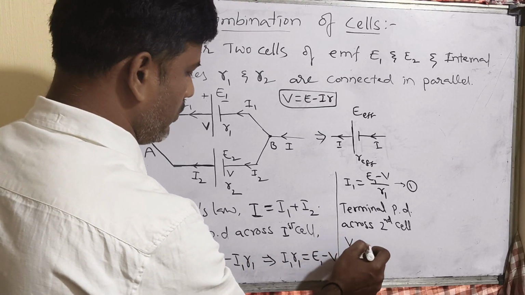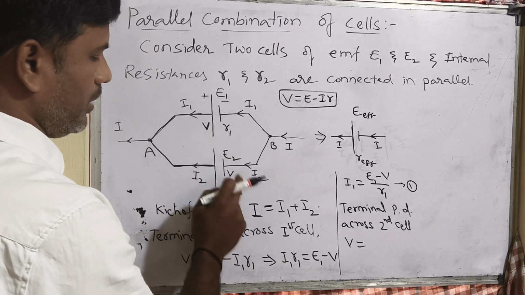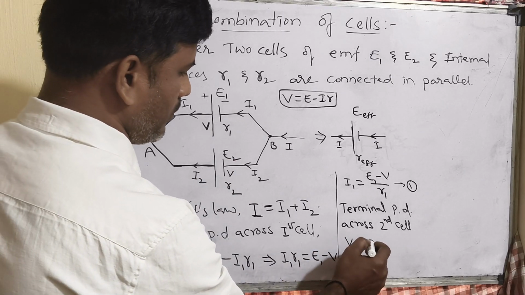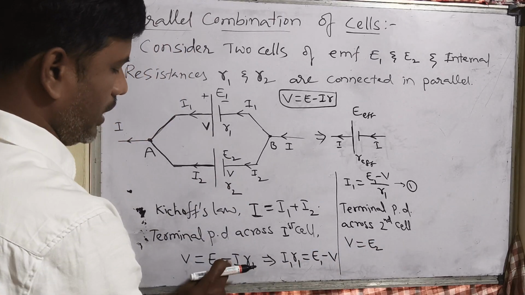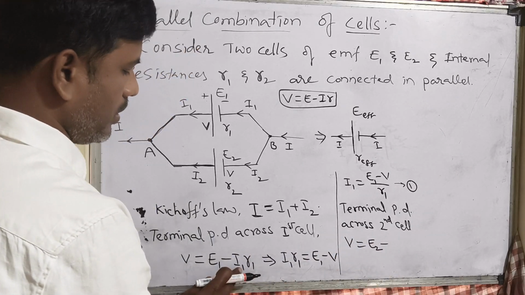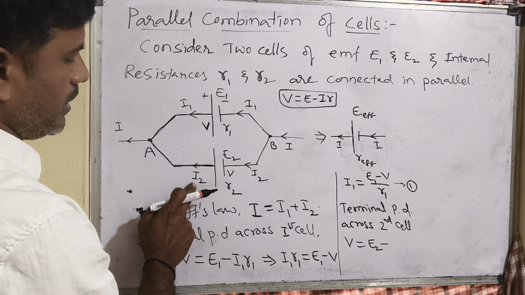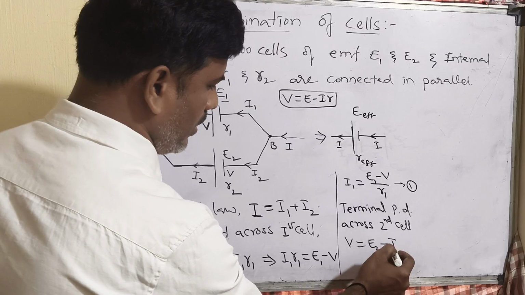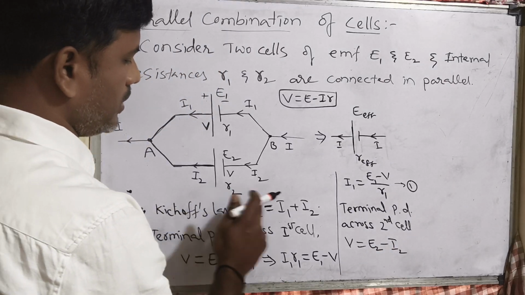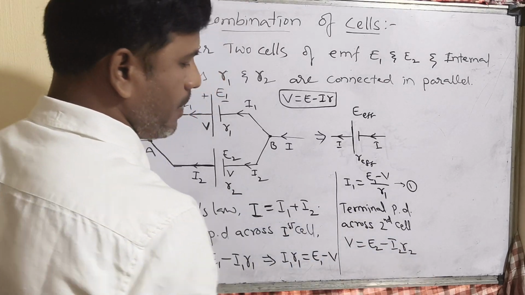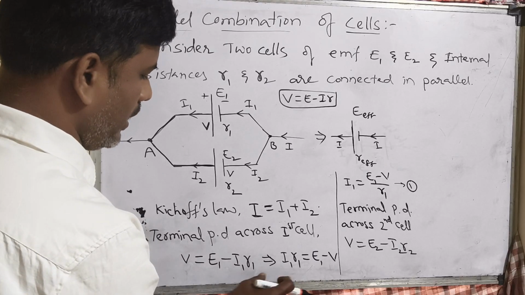V is equal to the second cell EMF, which is E2, minus the current passing through the second cell, I2, times the internal resistance, R2. Clear? Right. Same thing.